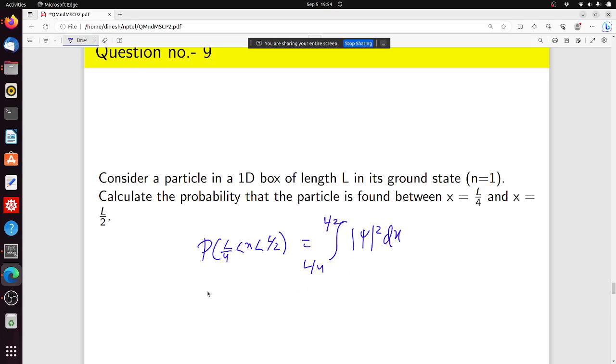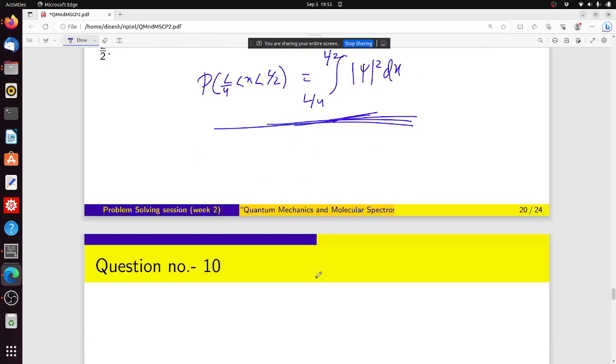I think you all can do this same as previous questions. Just try, and you know the wave function. It's a 1D box, so sine. So I am not doing it anymore. You guys try and find out the value. Okay.